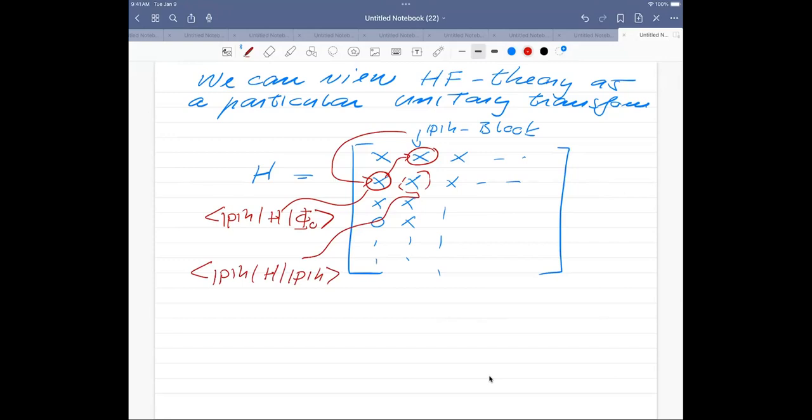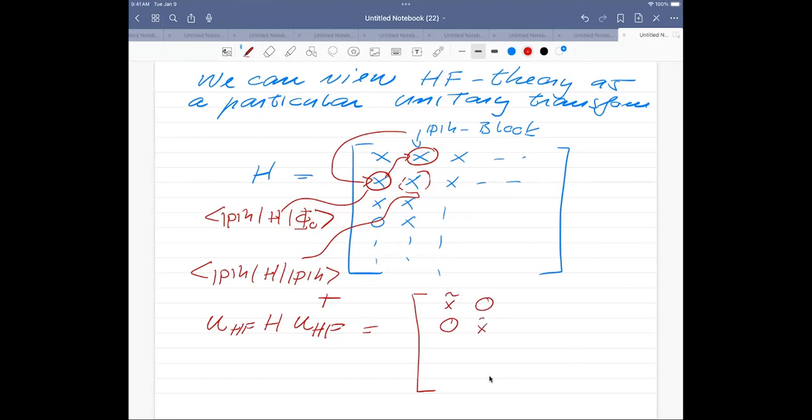But what we can do now is that we do a U Hartree-Fock, and we act on this Hamiltonian matrix with a U Hartree-Fock transformation. And now the matrix becomes equal to an X tilde. So the matrix elements are transformed, but then we zero out these blocks.